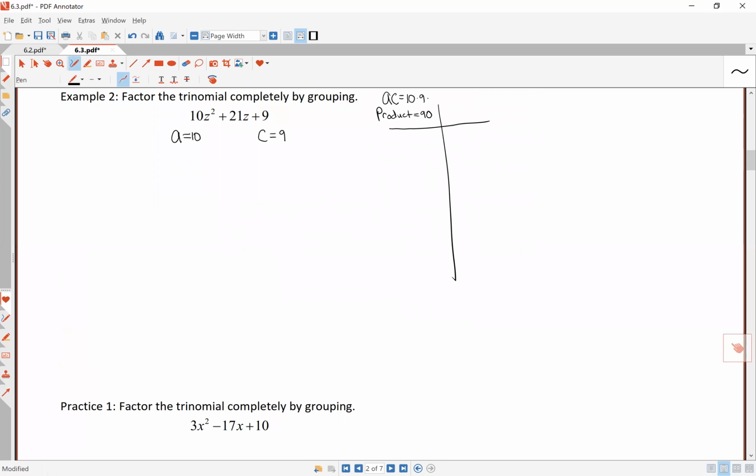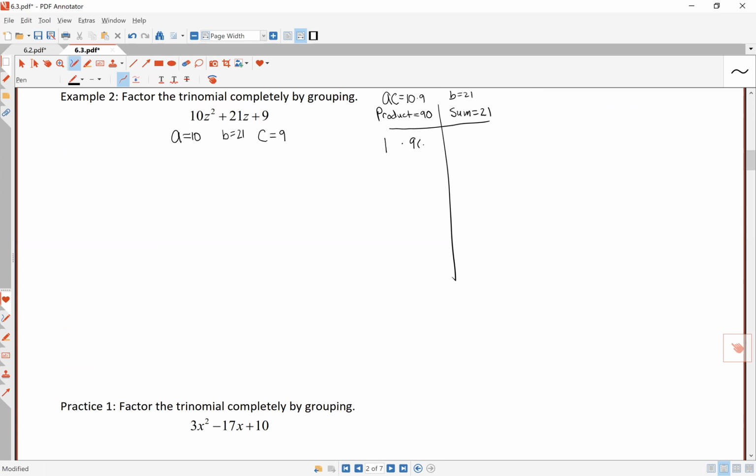So we want two numbers whose product is 90 that add to b, which is 21.